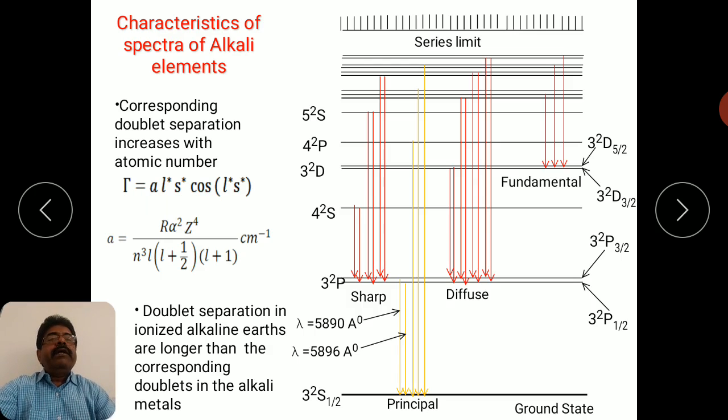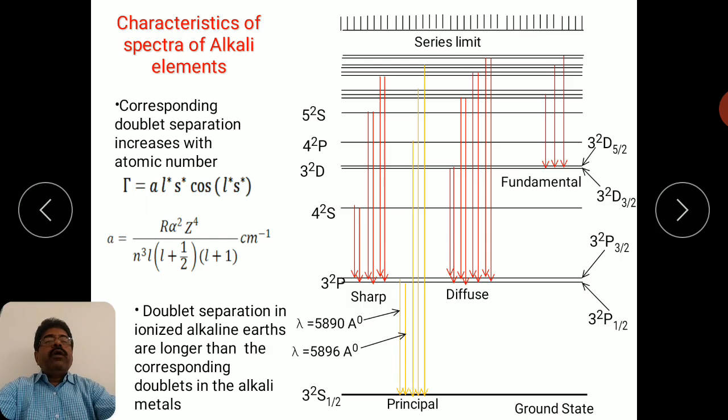Then the second characteristic is that doublet separation in ionized alkaline earths is longer than the corresponding doublets in alkali metals. Definitely in ionized alkaline earths, in the ionized form, the negative charge will be less. So the corresponding nuclear force, because of the positive charge residing in the nucleus, will be greater on the electron.